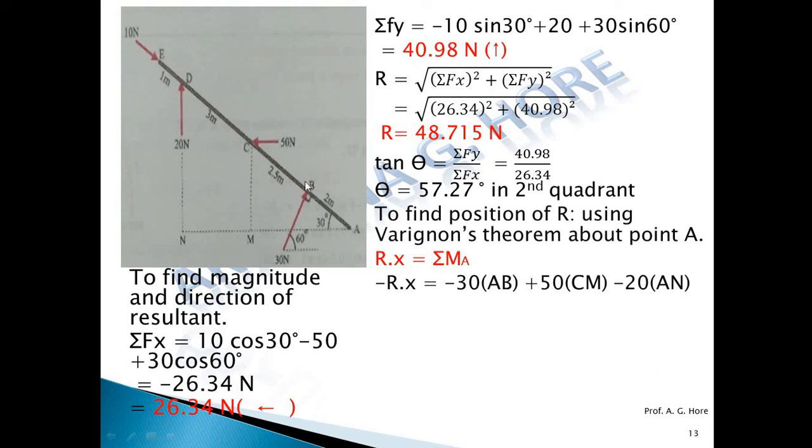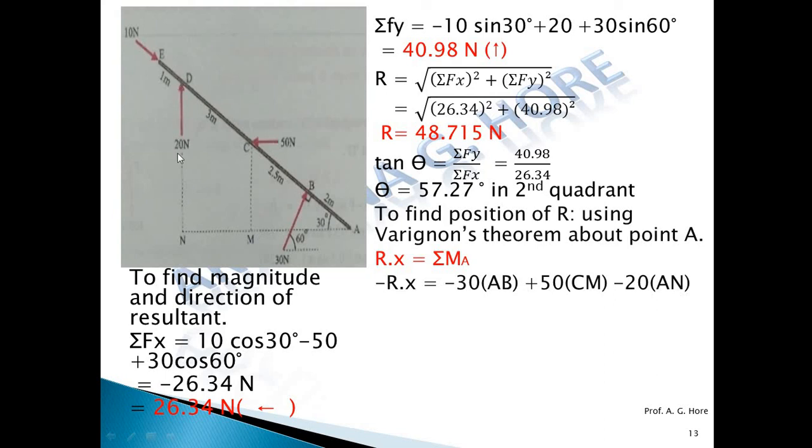Now the second force, that is the 50 Newton force, is horizontal. If the force is horizontal, then the vertical is the perpendicular distance, because the horizontal and vertical lines meet at 90 degree. That's why for this 50 Newton force, Cm is the perpendicular distance. Now see the next force, 20 Newton, which is a vertical force.